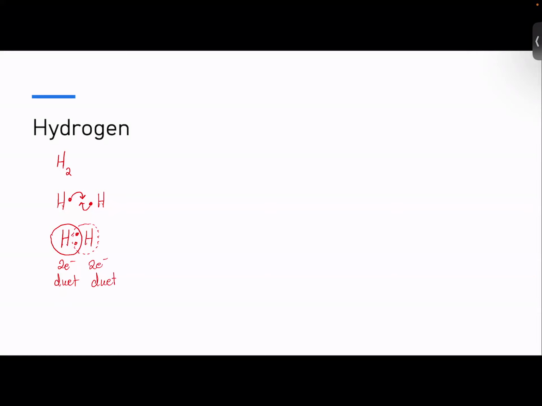So hydrogen, by sharing a pair of electrons, thinks that it has a duet, which is what hydrogen wants. Now, those two electrons are frequently represented as a line. So a line represents two electrons, and we frequently will represent hydrogen as H bond H.